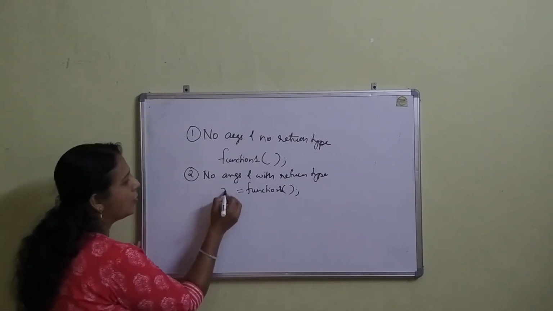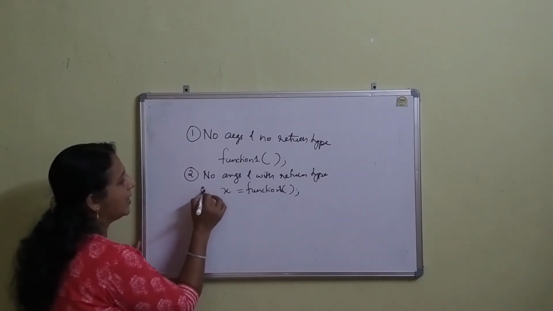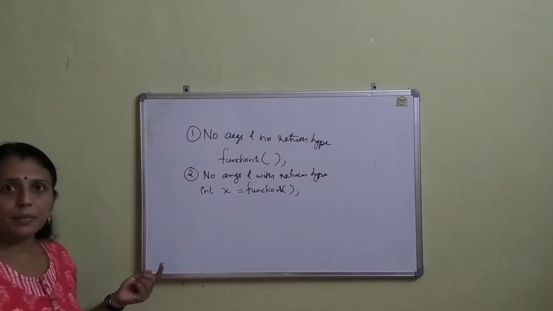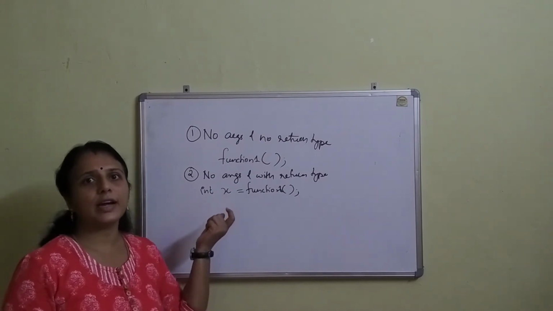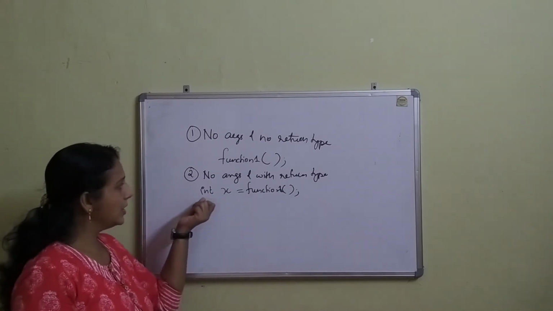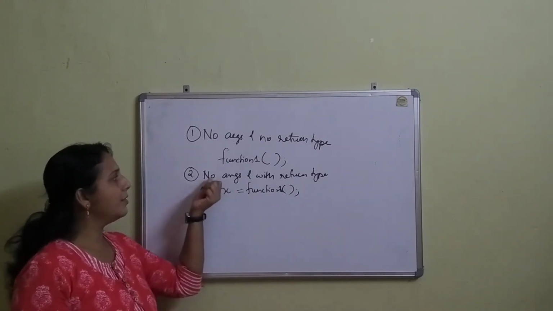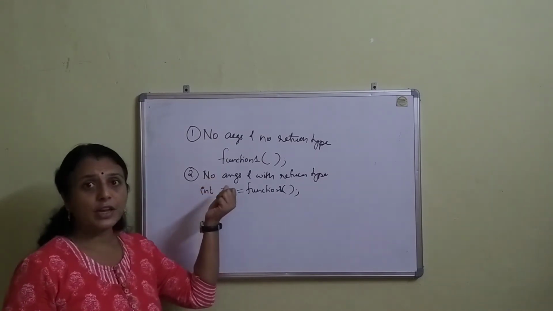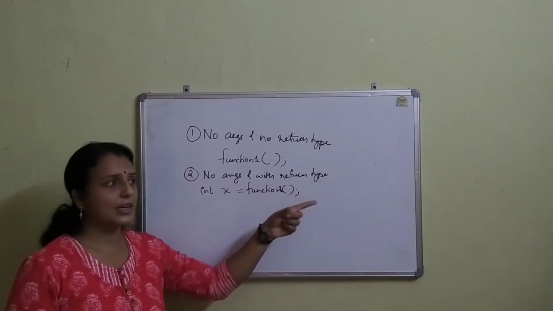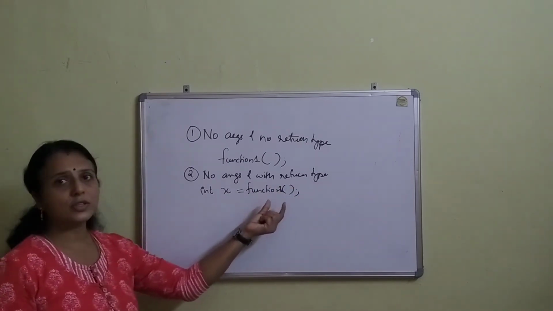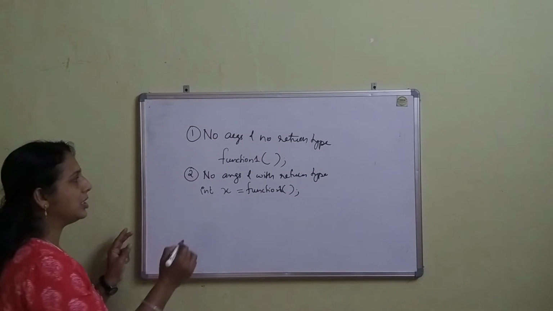Suppose that output is stored in x, and x is of integer type. So you have to specify the integer, the return type of that output value. This is how it is called when you define your function using this category, no arguments and with return type: int x equals function 1, with empty brackets.